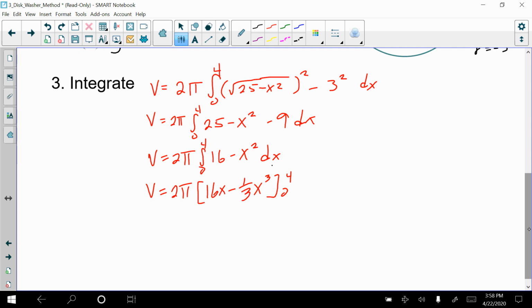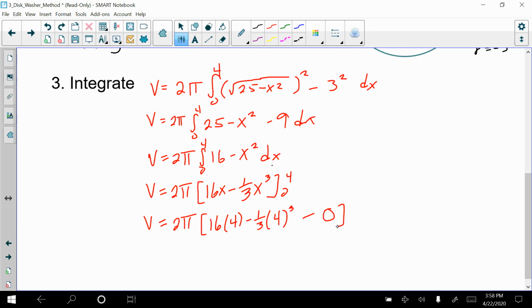At this point, we just let our plug and chug take over. So we get 2 pi times 16 times 4 minus 1/3 times 4 cubed, and if we substitute the 0 for the lower bound, all of that simplifies to 0.